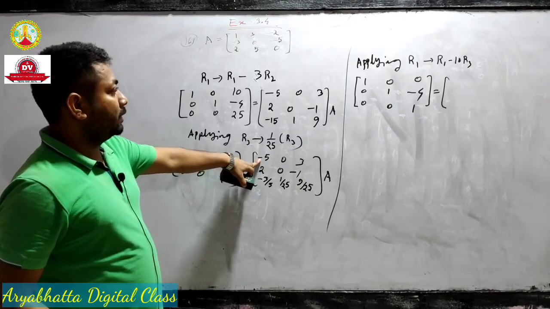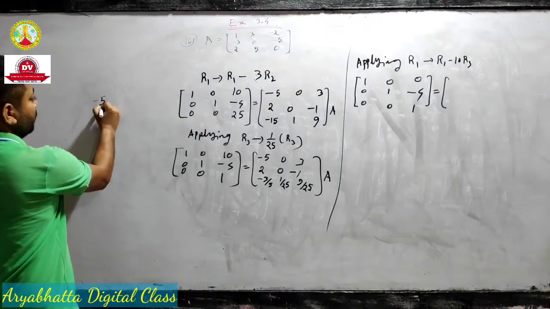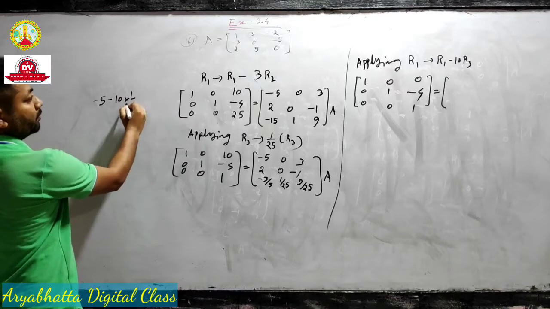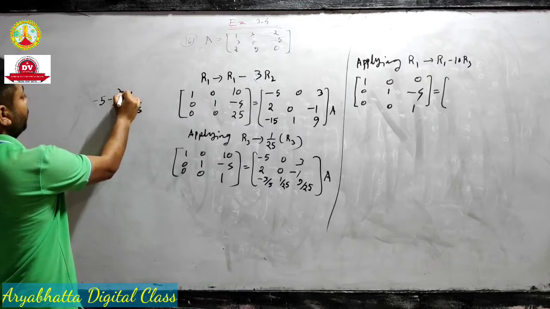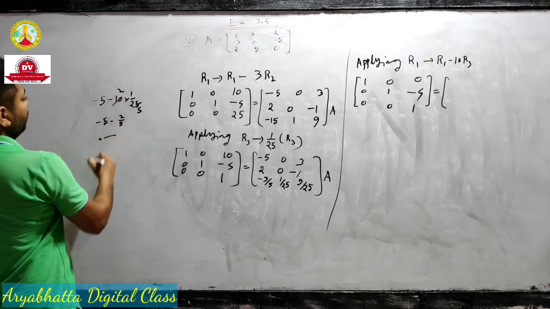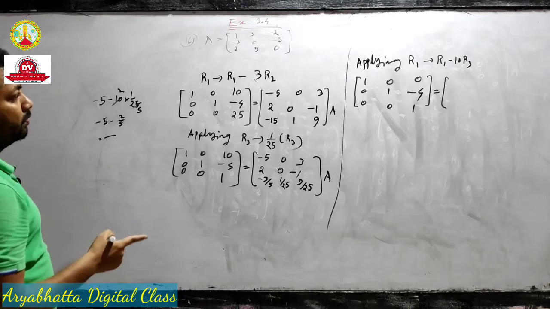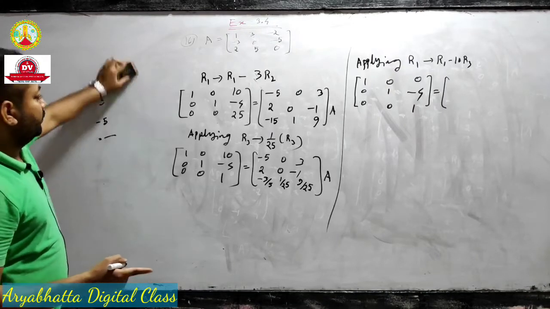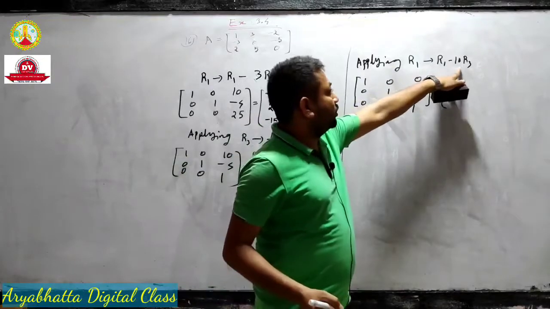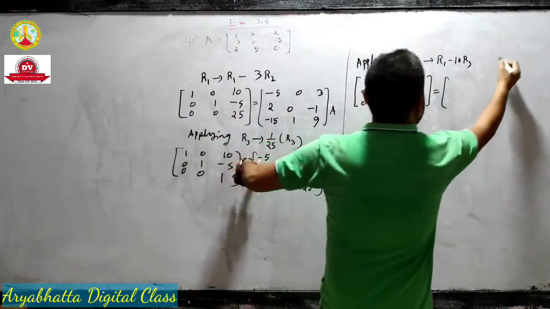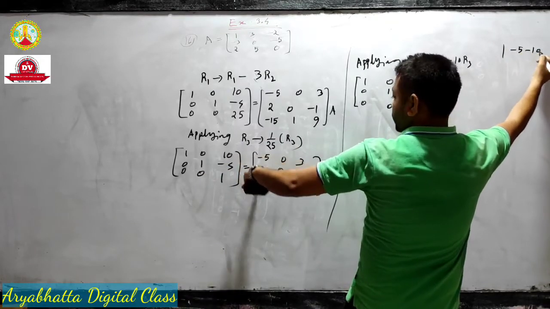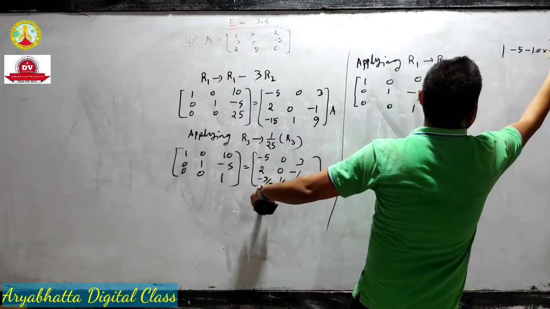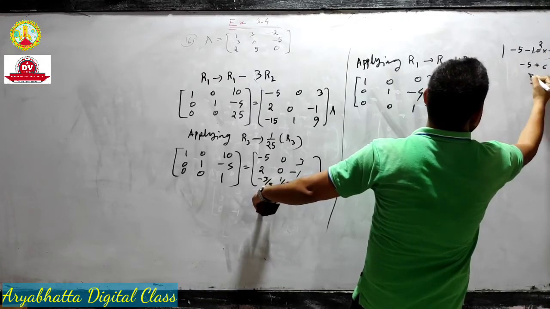R1 tends to R1, this element is minus 5 minus 10 into minus 3 by 5, minus 5 plus 6 equal to 1.